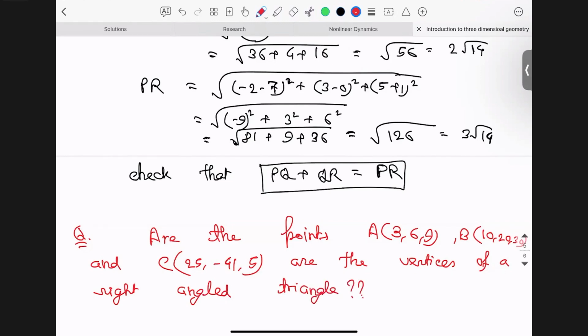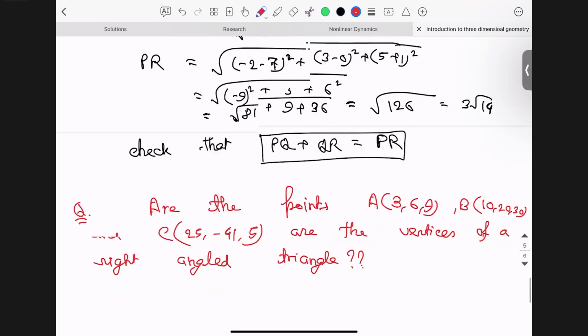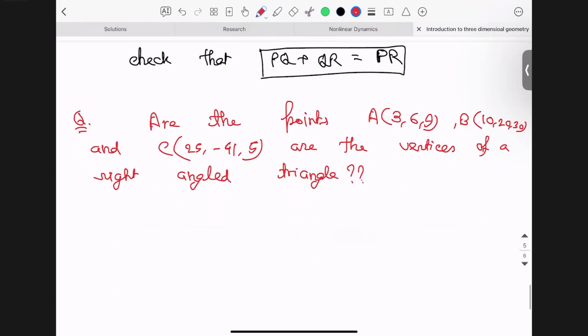Is it or not? If these 3 points are vertices of a right angle triangle, then one can clearly say that the sum of the squares of the lengths of two sides will be equal to the square of the third one. If I draw it geometrically, it will look like this.